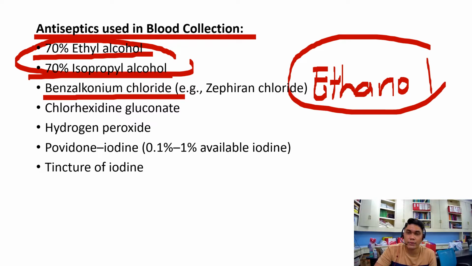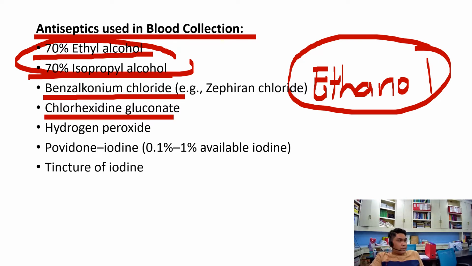If you want to measure the levels of alcohol in blood, then you're not allowed to use isopropyl or ethyl alcohol as antiseptic. The ideal is to use benzalkonium chloride as the antiseptic for the collection of specimen for ethanol testing.